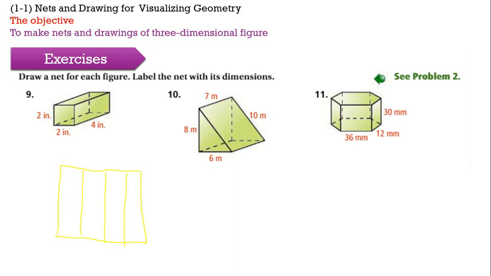Keep in mind all these equal each other because the base is square. So this is 2 centimeter. That's what I have here. This is 2 centimeter. This is one of them the top and the other one is the bottom. This is 2 centimeter and this is 2 centimeter.